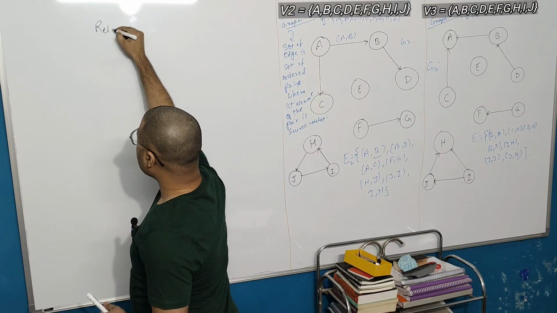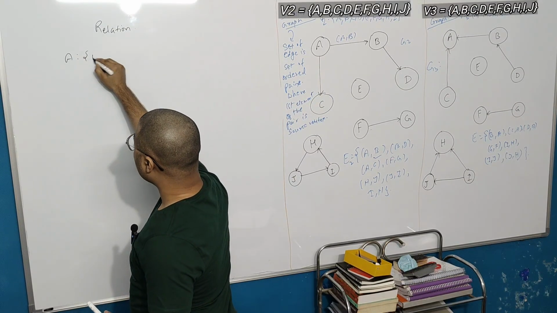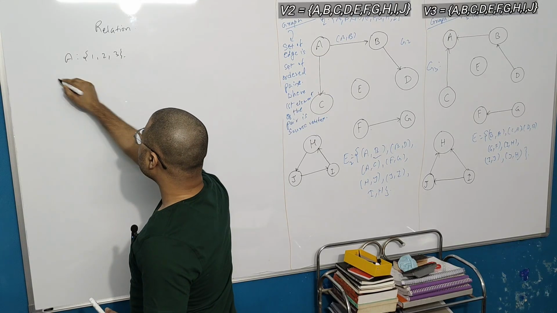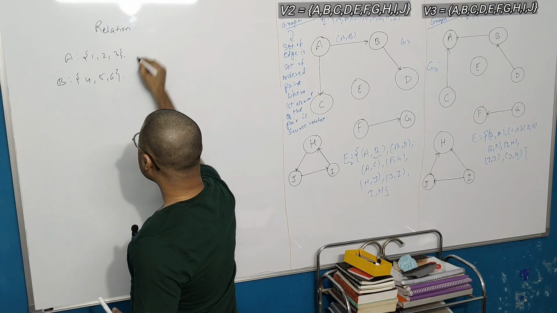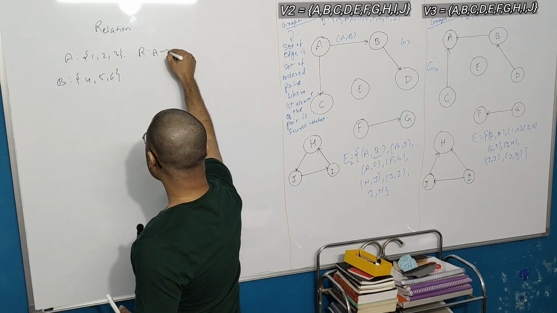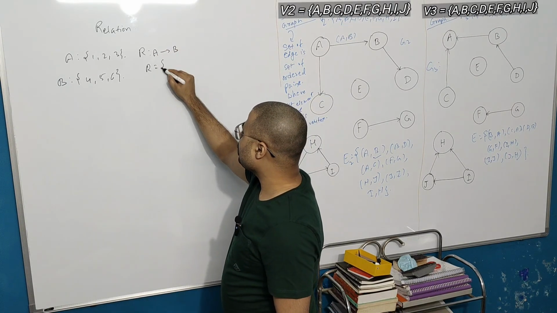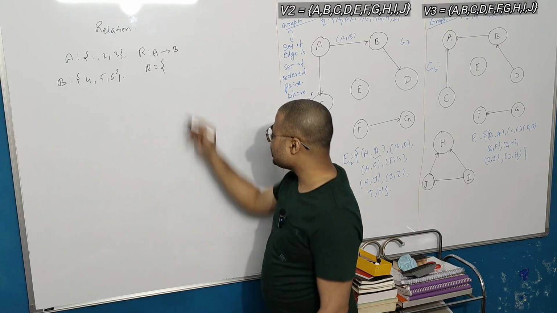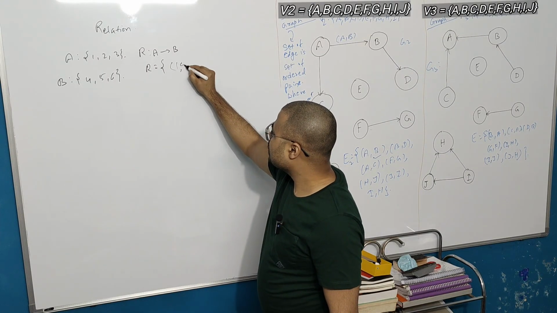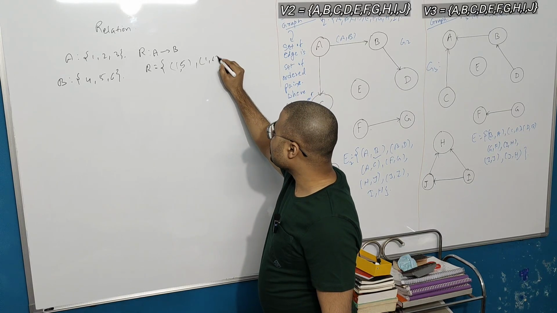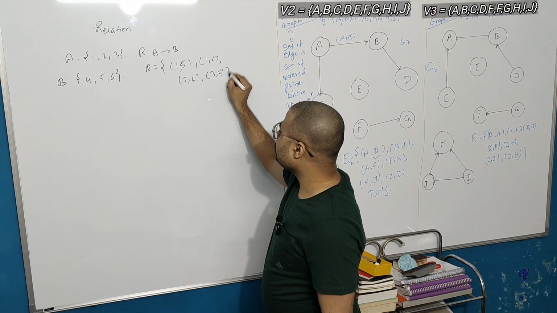If you look at any relation, let's say you have two sets, set A which is 1, 2, 3, and set B which is 4, 5, 6, and let's say R is a relation from A to B such that R is a set of ordered pairs, and let me say that 1 is related to 5 and 1 is related to 6, 2 is related to 6, 3 is related to 5.